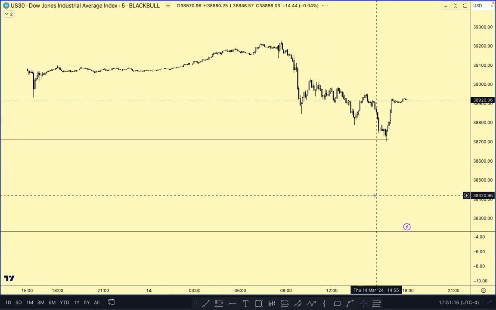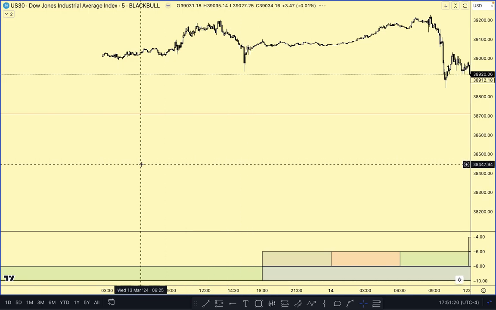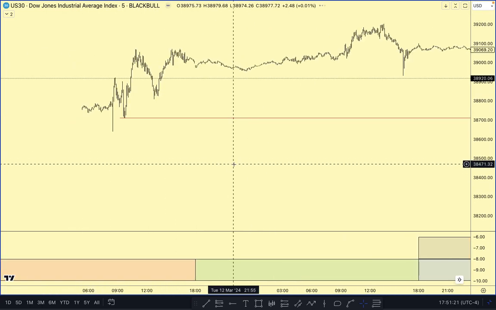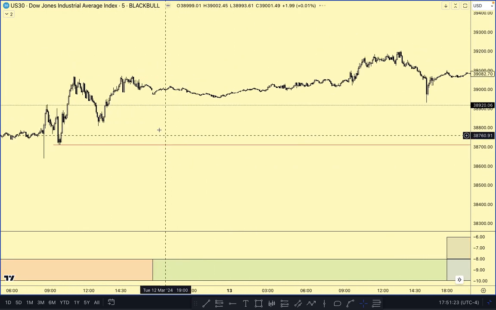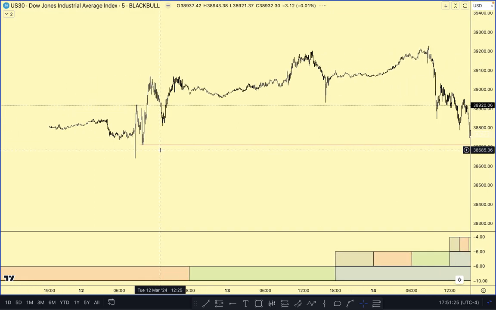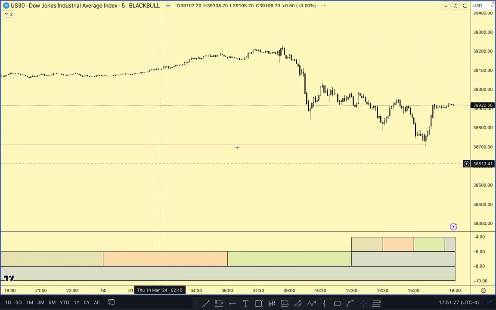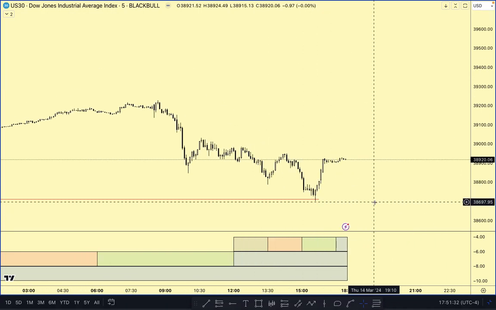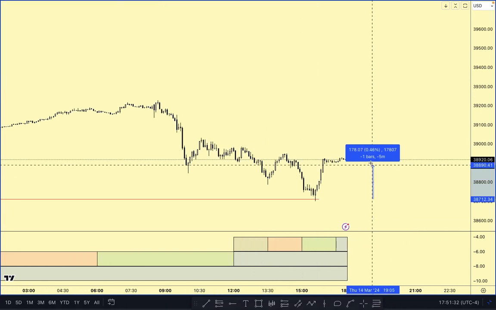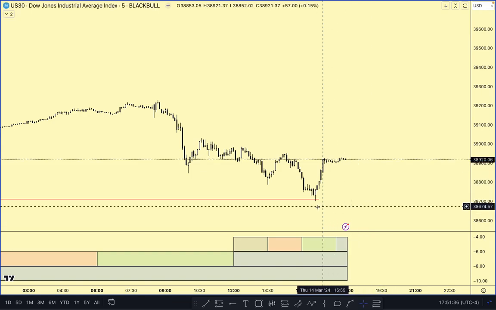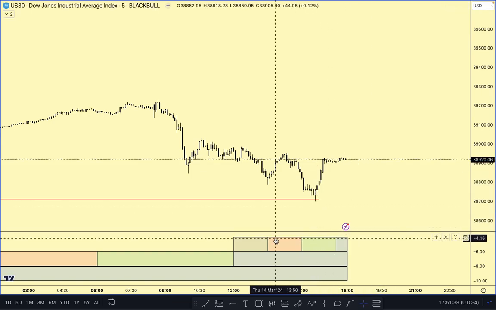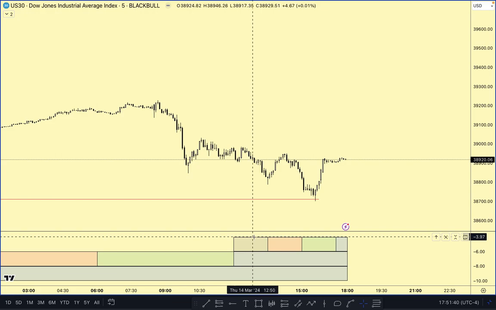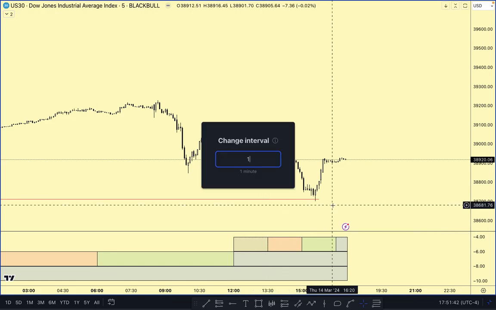Let's just take a look to the left hand side of the chart. Okay. Yeah, pretty much it just took out that sell side liquidity, and then price began to shoot up by about 212 points in that third quarter. Coincidence? I think not. I genuinely think not.